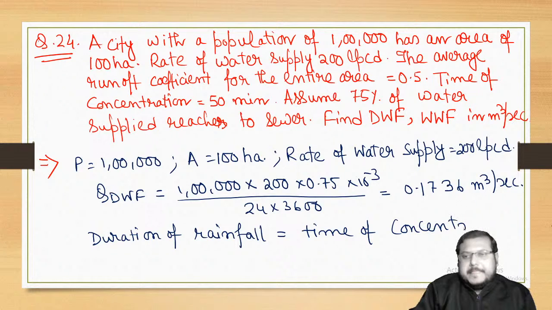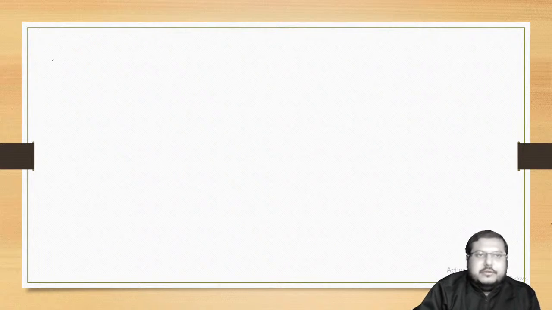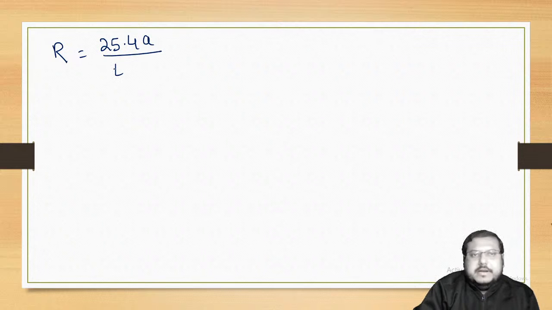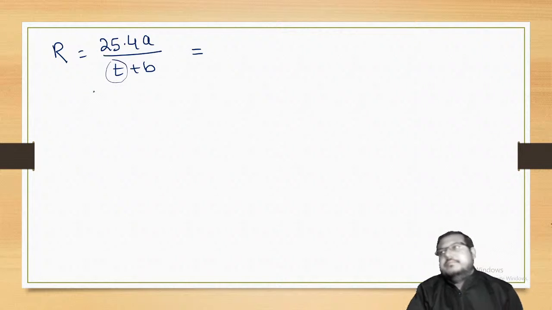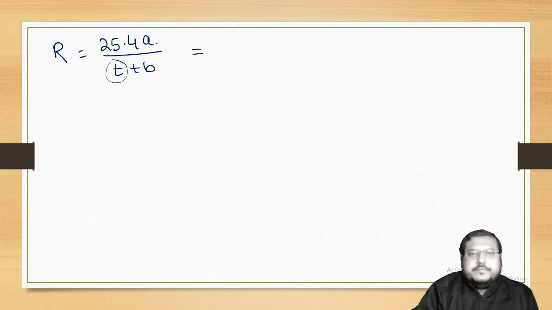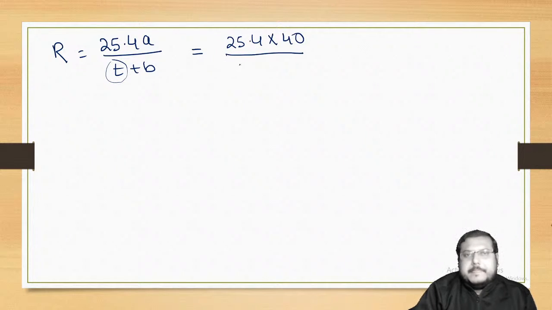I will take here the value 50 minutes, so first we have to find the value of R, rainfall intensity. R will be 25.4 A by T plus B, you remember this. So if duration is 50 minutes, that is between 20 and 100 minutes, A is 40, B is 20. You need to remember this. 25.4 into 40 by T, the duration, that is 50 plus 20.